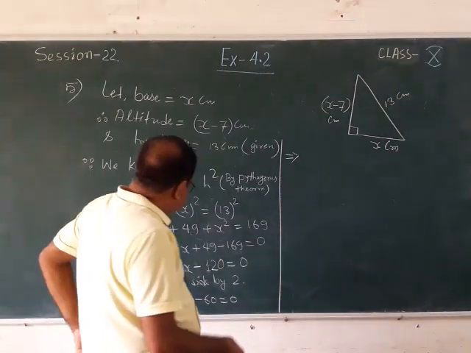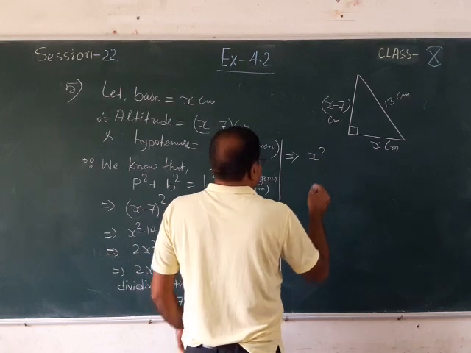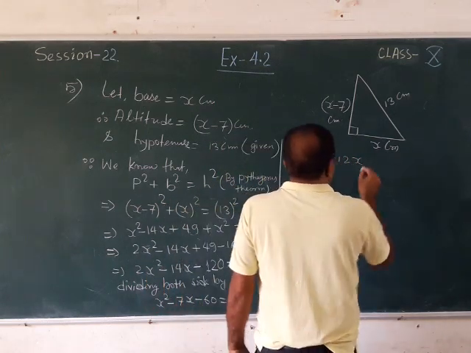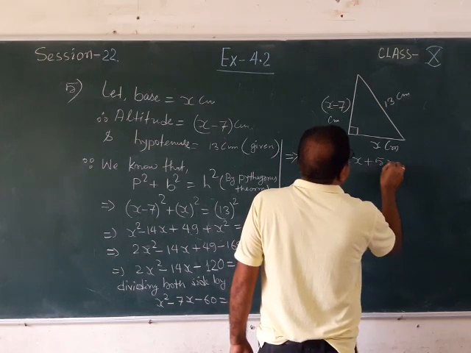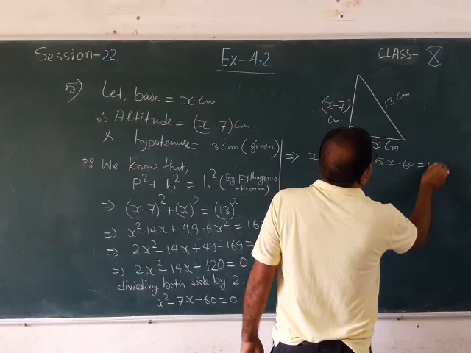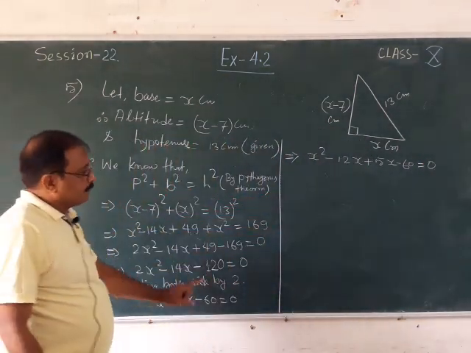12 fives are 60. I can write x square minus 12x plus 5x minus 60 equal to 0. Minus 12 and plus 5 will give you minus 7.